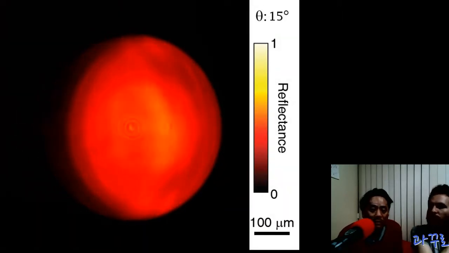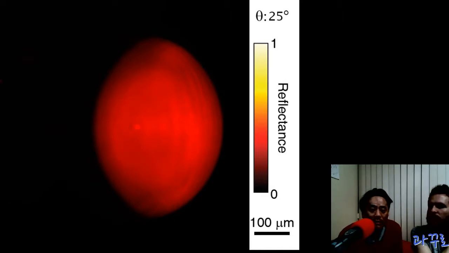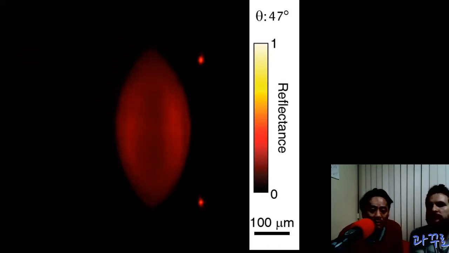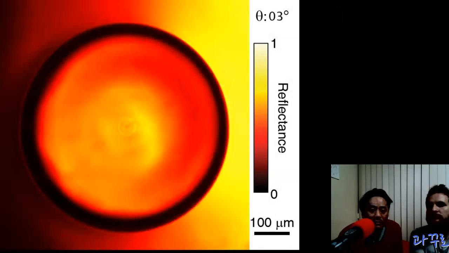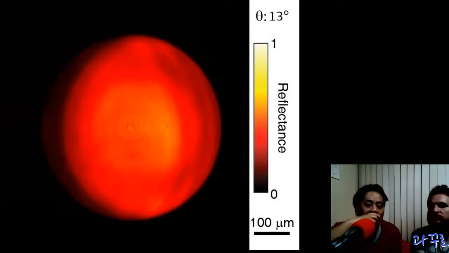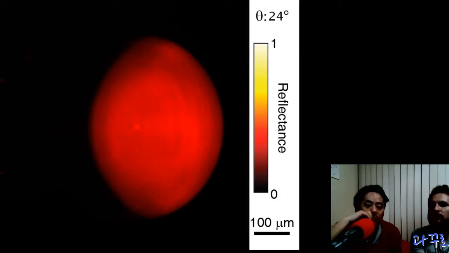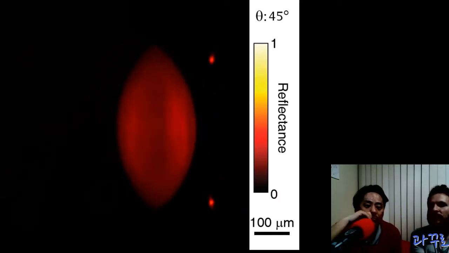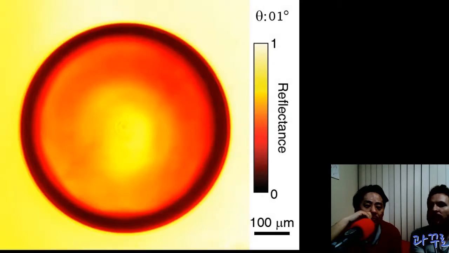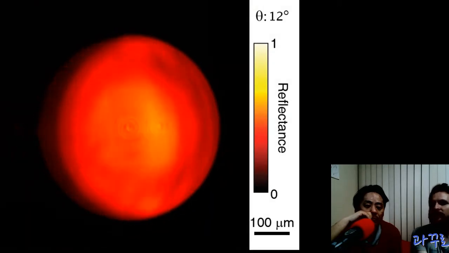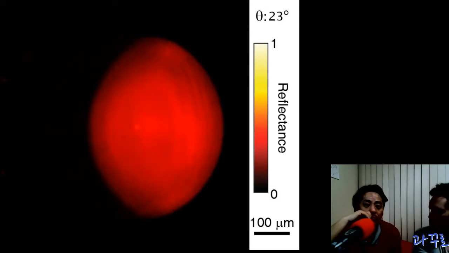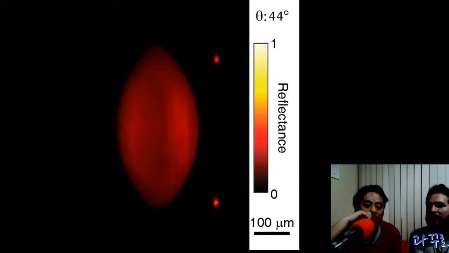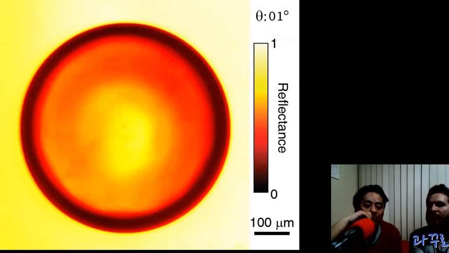So this is showing the reflectance as a function of the angle as they tilt the retroreflector. In a normal mirror, once the angle increased above the numerical aperture of the lens, you would see no reflected light at all.